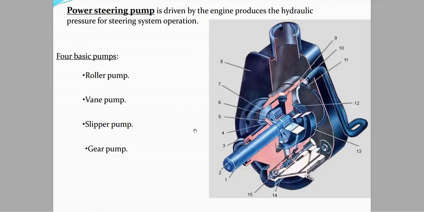As per the utility or output of the pump, we will install that type of pump in the automobile, that helps the steering system to provide a better result, or effortless driving for the driver.